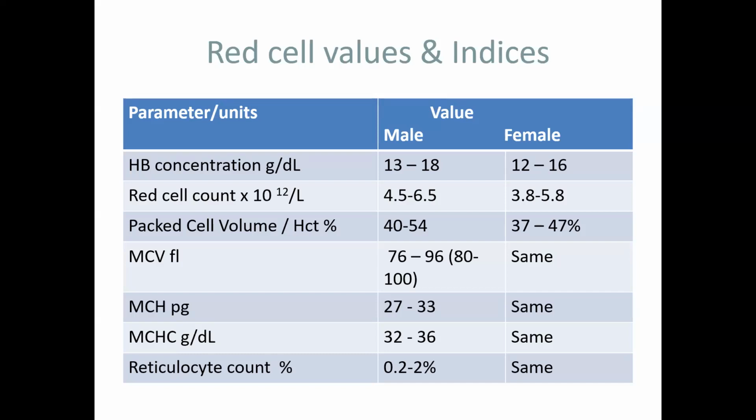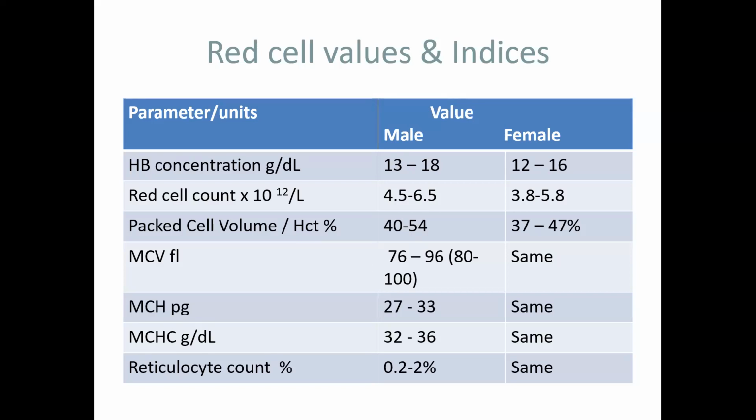The packed cell is related to the hemoglobin. And if you look here, you can see that roughly packed cell volume is about 3 times the hemoglobin concentration. Now, that is not a very accurate number, so you can't be told by somebody, oh, this patient has a hemoglobin of 10, and then you say, okay, multiply by 3, the packed cell volume or hematocrit is 30.